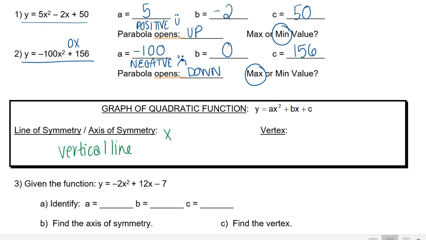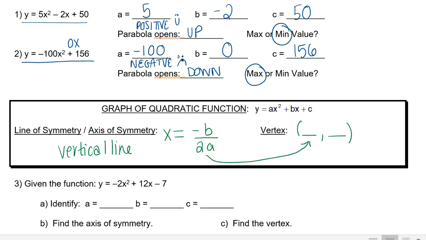That splits that graph. We're going to use a formula to find out what x is equal to. We'll do the opposite of b over 2 times a. That will help us when we actually find our vertex, that x value comma y value. The x value of our vertex comes from that axis of symmetry.